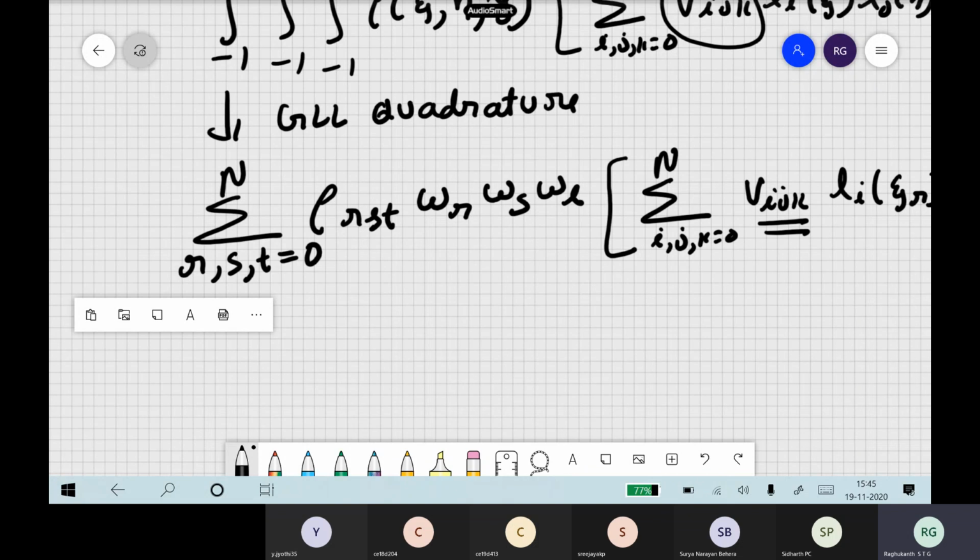So we are using Lagrange polynomials, and the collocation points, the GLL points, all of them are the same. Okay, so this derivation you can try. Finally, what is the final solution? The mass matrix should become simply diagonal. Of course, these are all consistent only. Finally, it becomes a diagonal matrix itself.